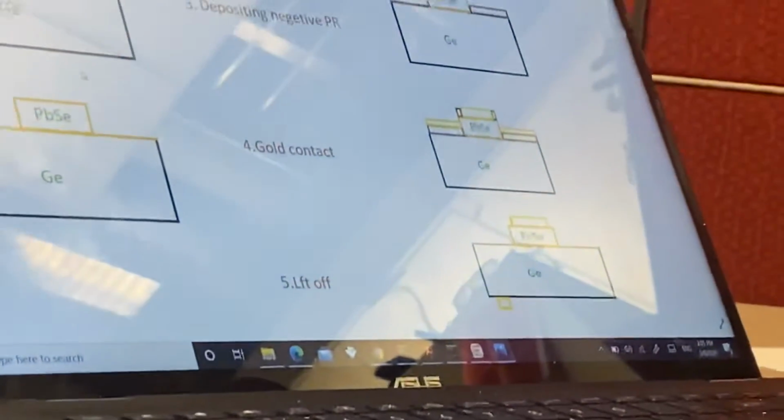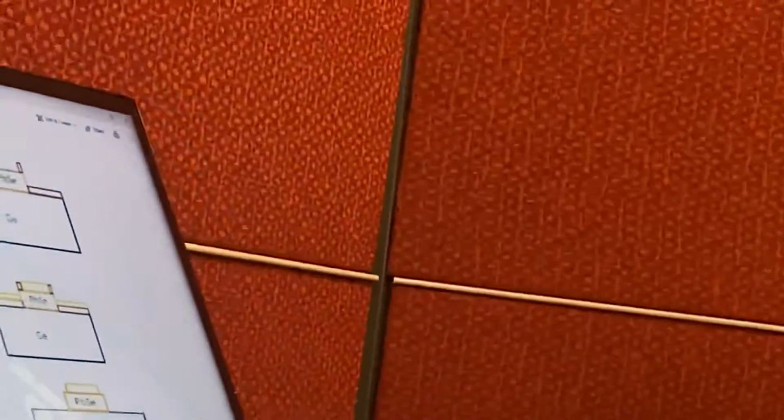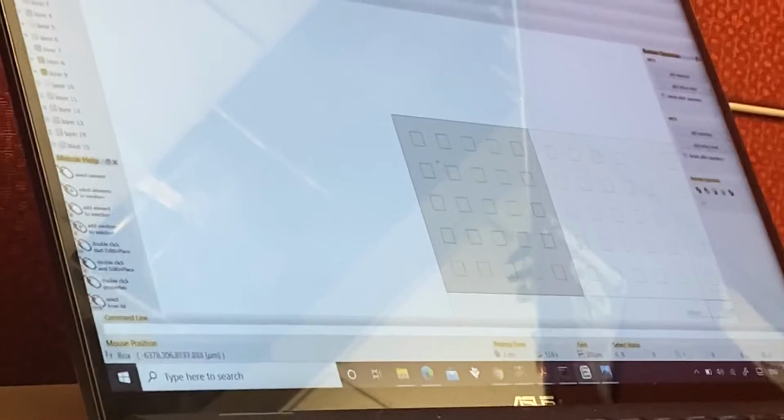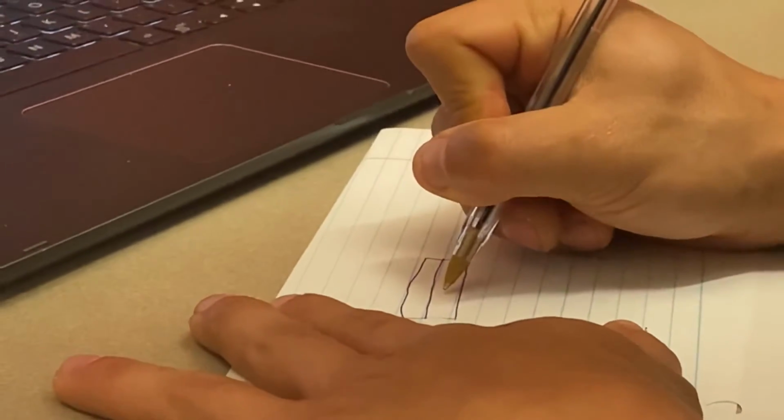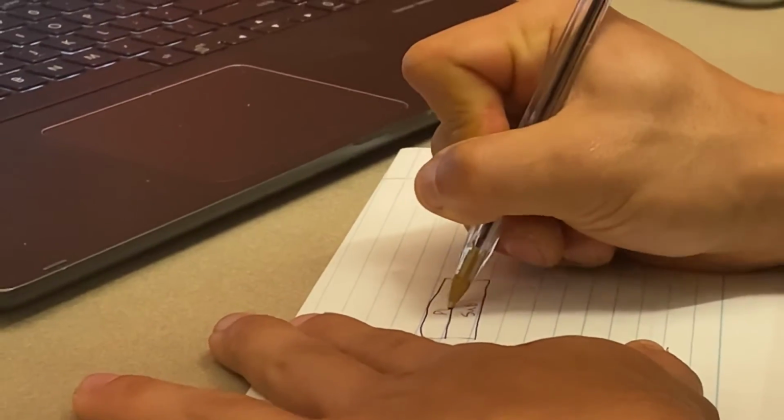So with your mask, it's actually a little different than this. If you look on yours, you are making a ring that you're going to etch out rather than etching away all of the PbSe and just leaving a square. So from your flow chart, it would look like you just have one square here rather than two. Do you kind of get what I mean? Yeah. So the way I would prefer it to look is if this is the substrate and this is the PbSe.